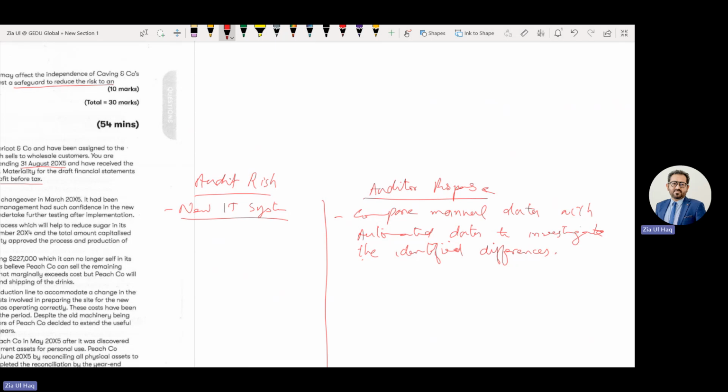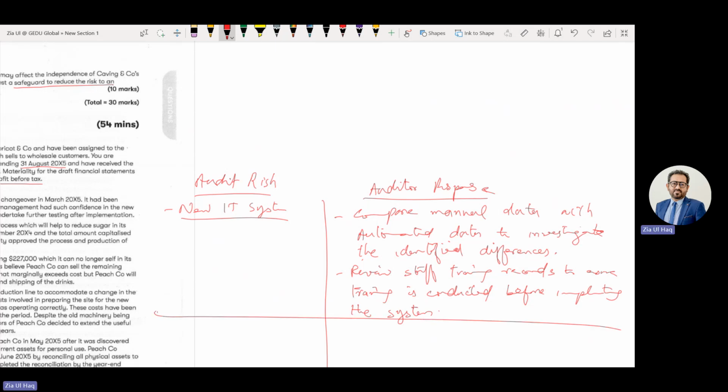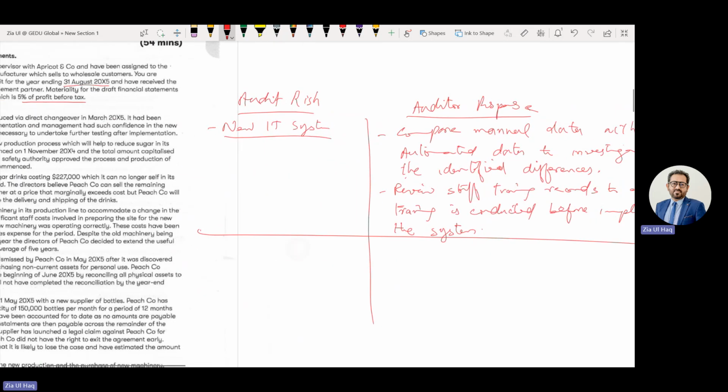Review staff training records to ensure training is performed or conducted before implementing the system. One risk done. Moving towards the next.